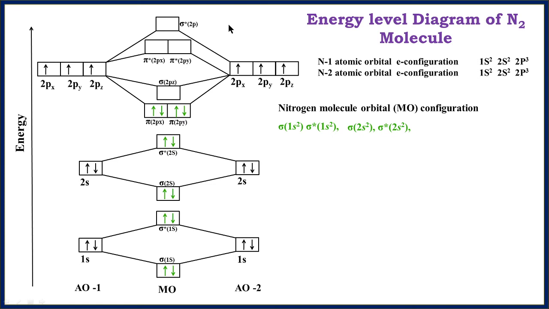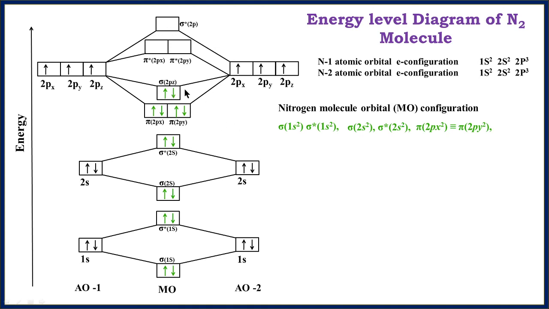Now this energy level is completed. The next electron will be promoted to the next energy level. The fifth electron will be filled here in the 2pz. Next, the sixth electron will be paired here. In total there are only 6 electrons here. These 6 electrons are filled here. This is completed. So this is the energy level diagram of the nitrogen molecule.